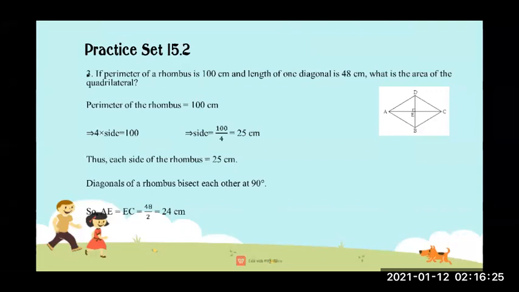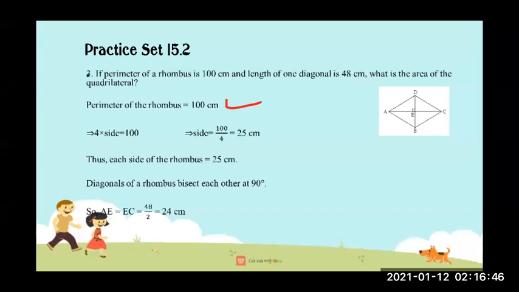Now first, they have given the perimeter of a rhombus is 100 centimeters. So the first step will be: perimeter of a rhombus equal to 100 centimeter. Now the perimeter of a rhombus formula is 4 into side.